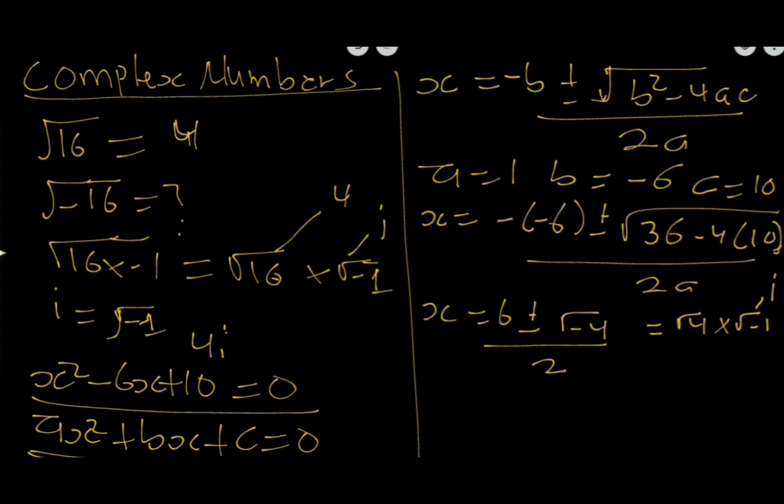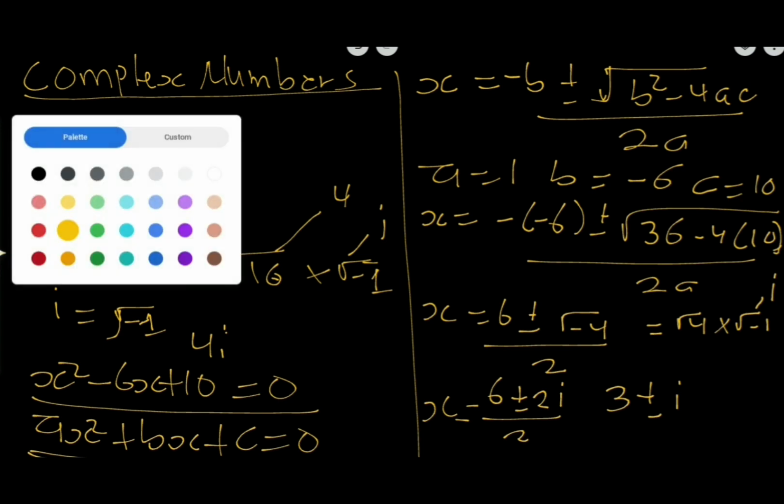So therefore that becomes 6 plus or minus 2i over 2 equals x. We can simplify this by dividing by 2 to get 3 plus or minus i as our final answer.